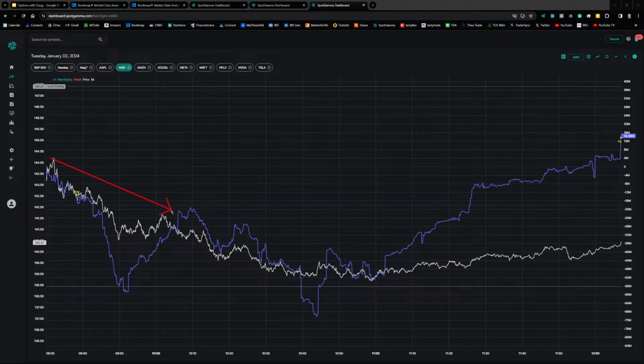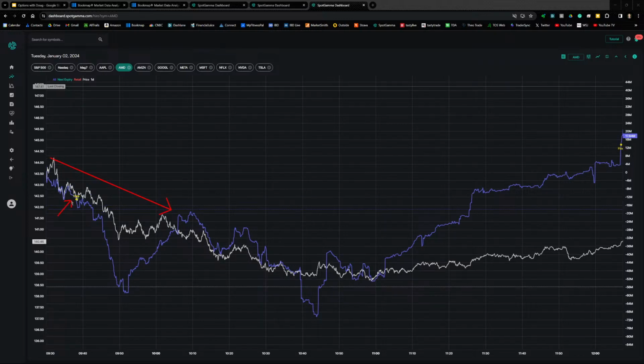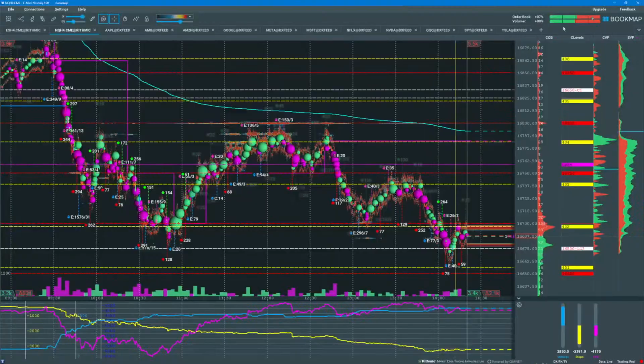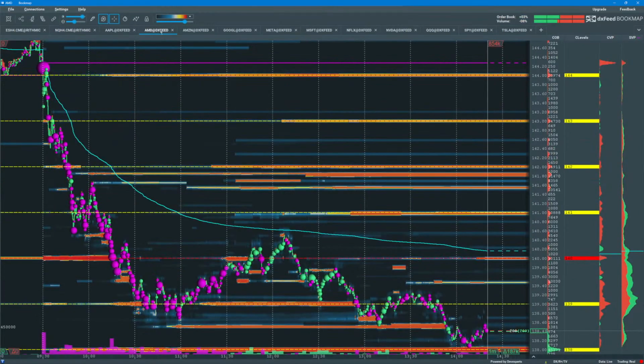Traders taking negative delta positions. Timely flow alert indicating significant options activity. Let's go to Bookmap. Go to AMD. And great short in the morning. Quite a bit of movement for AMD.